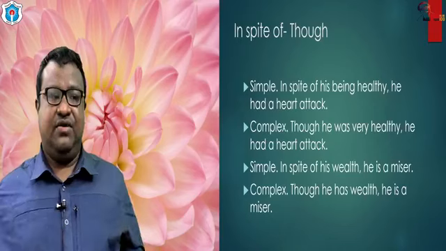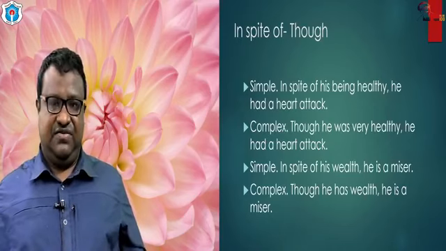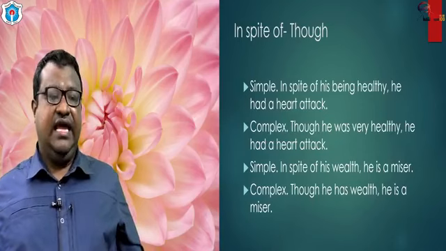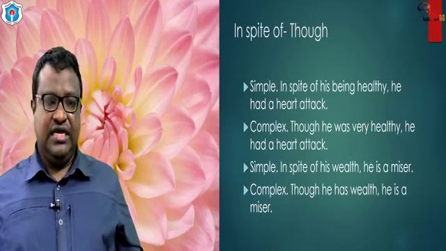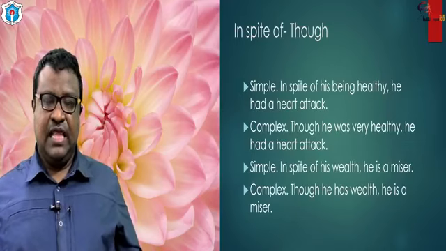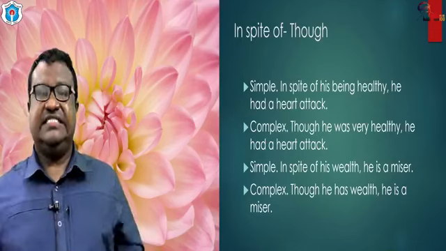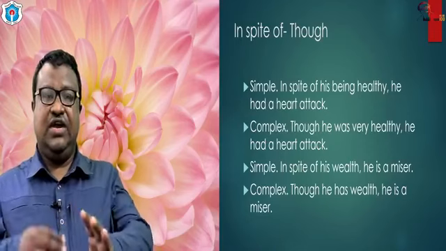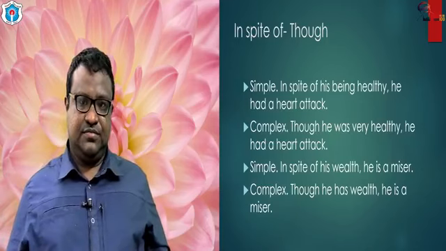What will happen when there will be a principal verb? Like, in spite of his working hard, he failed in the exam. So it would be changed like, though he worked hard, he failed in the exam.